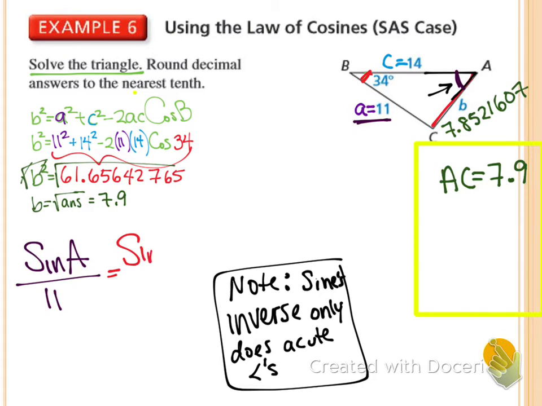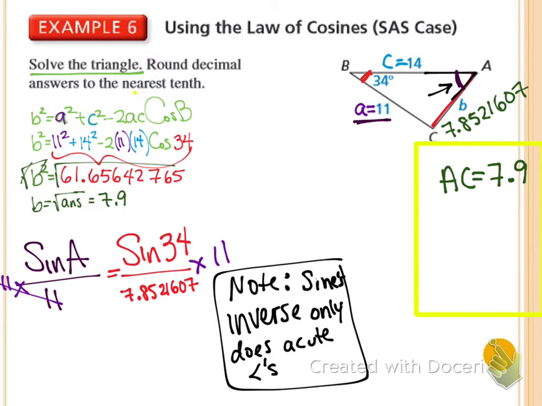equals sine of angle 34, over, remember this, we don't want to use the rounded version, so 7.8521607. And you're like, I hate that. That's okay. You're going to type it in your calculator from here. We're going to multiply times 11.